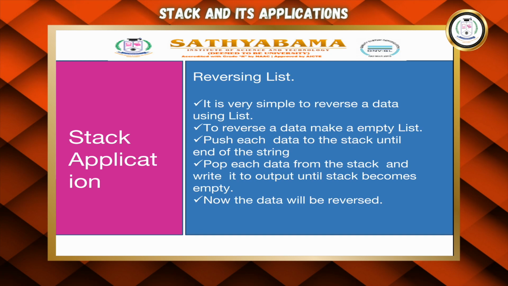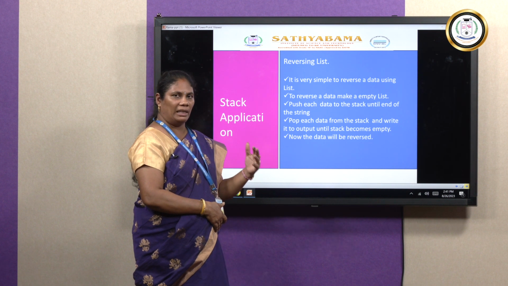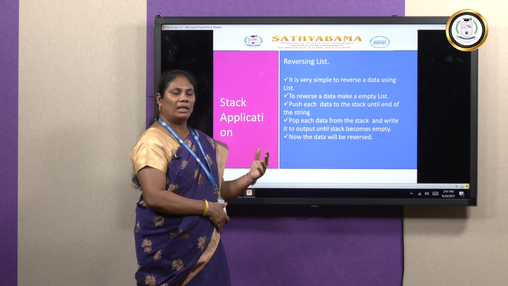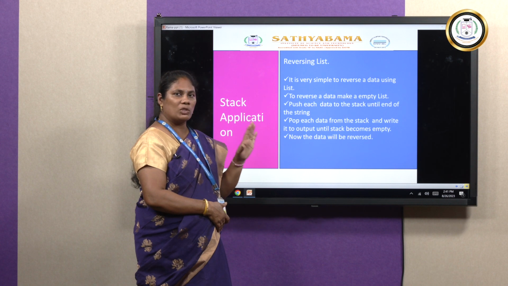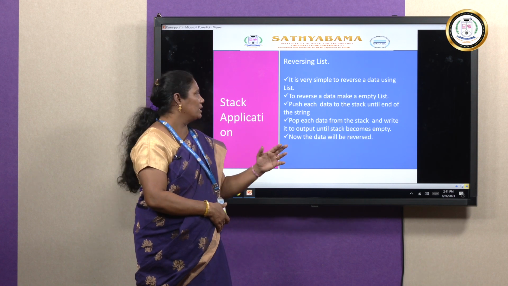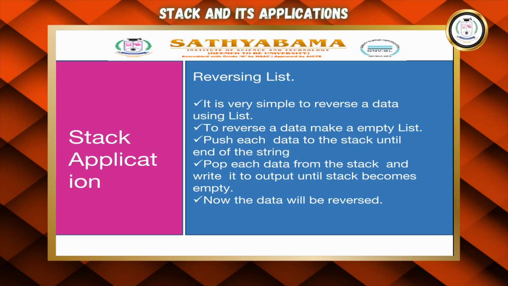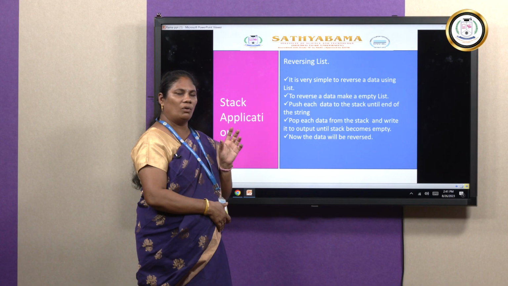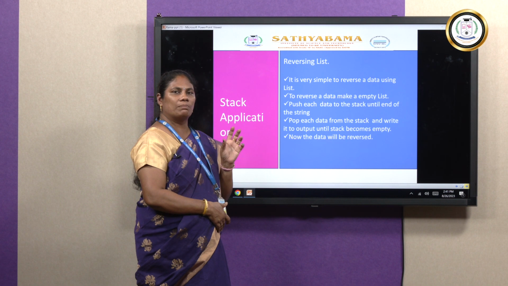If you want to reverse data, make an empty list. To insert any data into the list, the stack must be empty. You push the data into the stack until the end of the string. Suppose the size is 3, so you push the elements one by one up to 3.